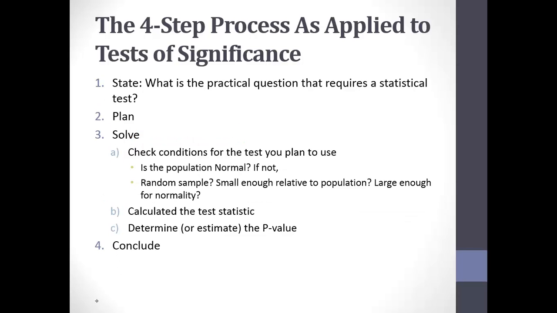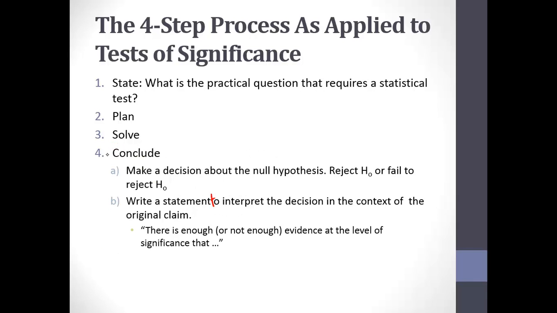And then of course you definitely want to check your conditions. From there on out you do need to put everything. So am I able to use this test? Calculate what the test statistic is, find the p-value, and from there we're needing everything as well. Kind of that whole four steps. So we either reject or fail to reject, and then give a good interpretation of what that means. Very good question.